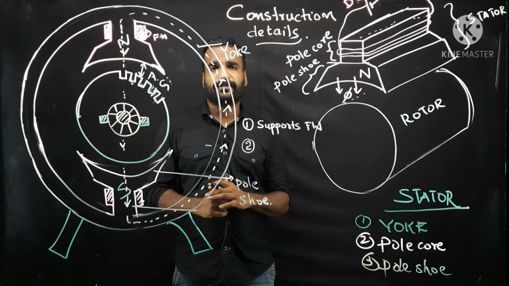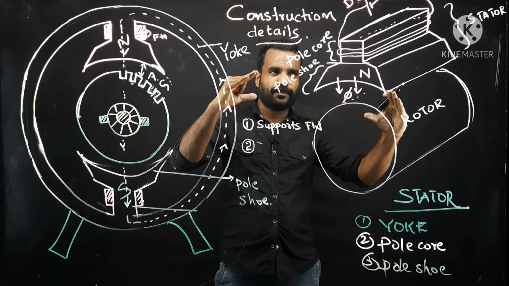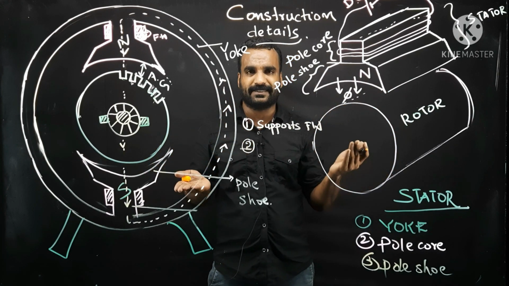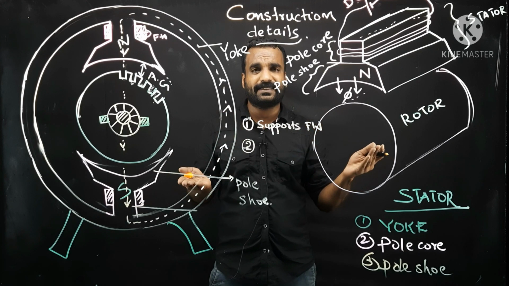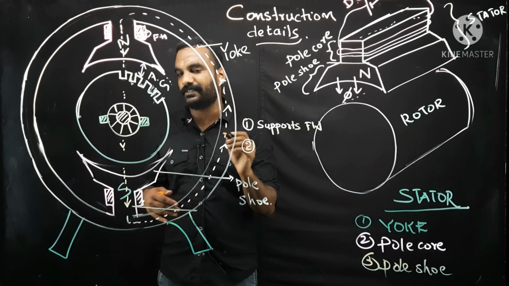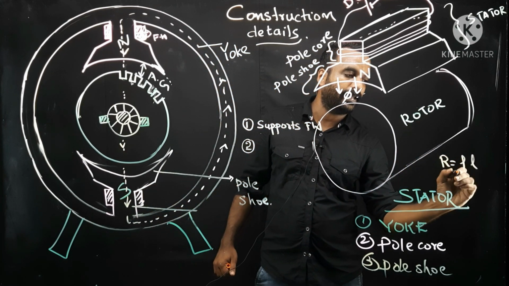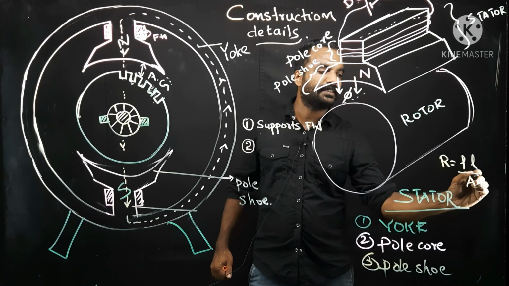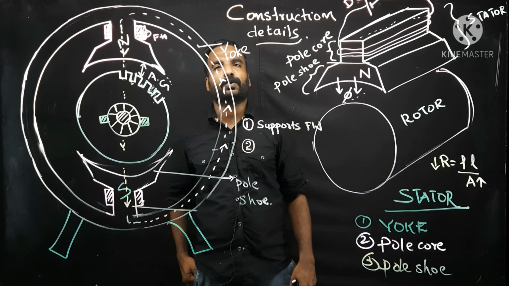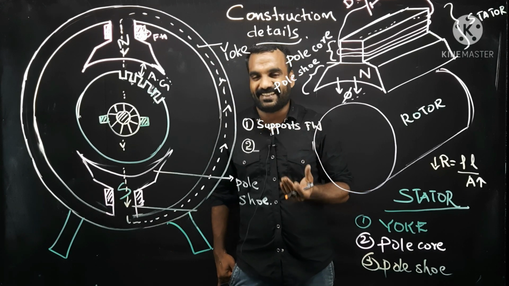What is the second function? The second function is very important. Look at the shape of this pole shoe. It has a wider shape so that the area increases. If area increases, resistance decreases. What is the equation of resistance? R equals rho L by A. In a magnetic circuit, resistance is identical to reluctance.